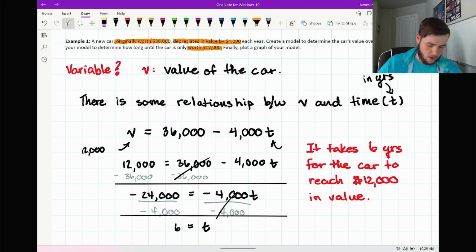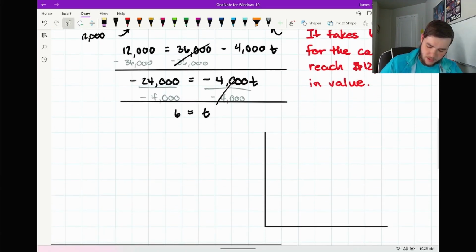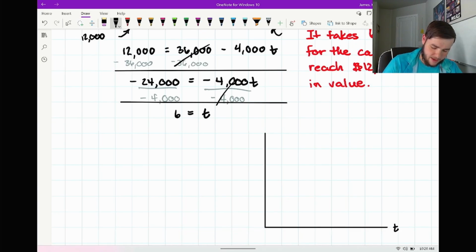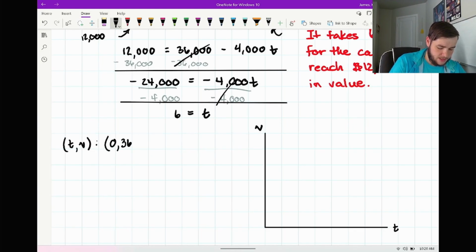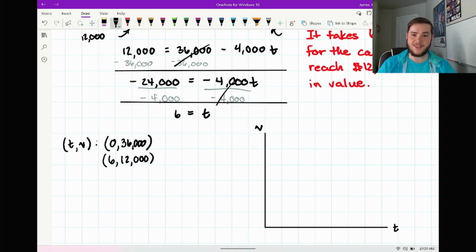I know that the car is originally worth, if this is T and V, using the ordered pairs T comma V, I know that 0 comma 36,000 is on the graph. I also know, based on what I just found, that it took 6 years for the car to be worth $12,000. So that's another point that I can plot on the graph.